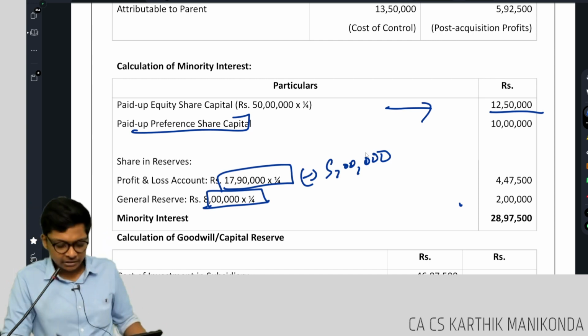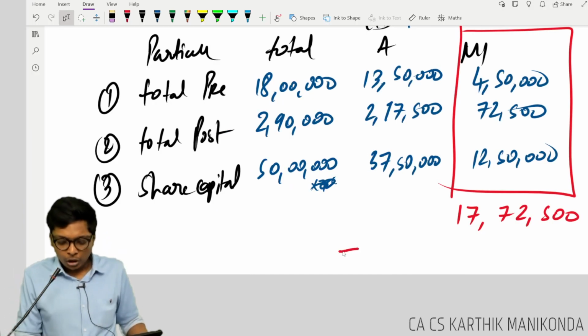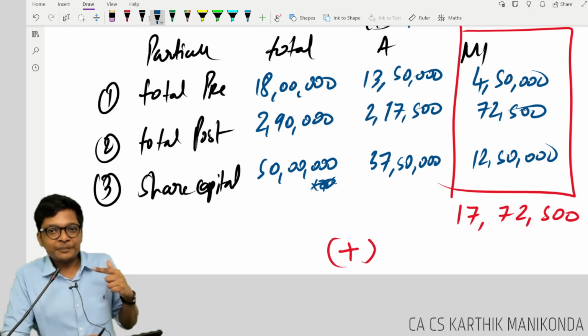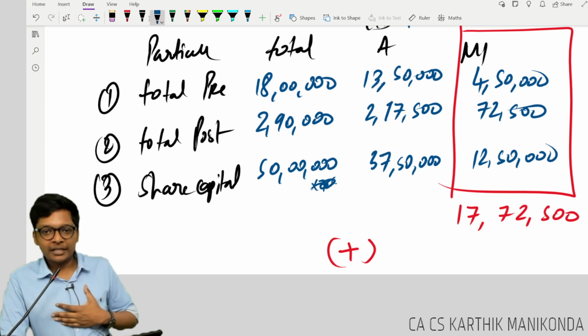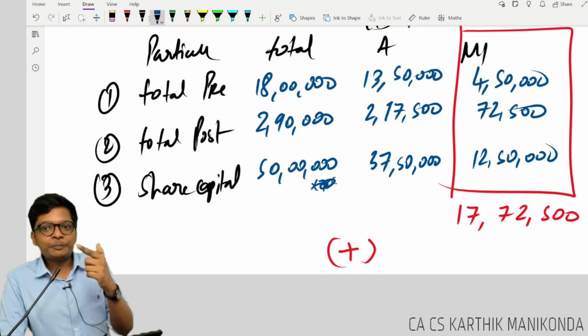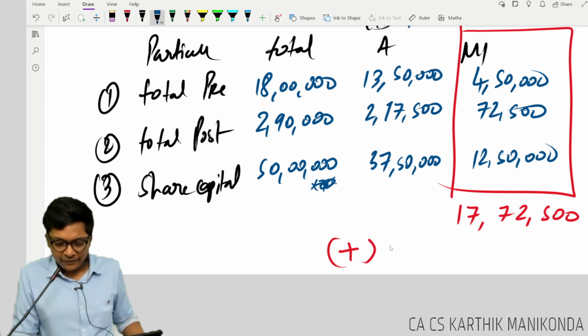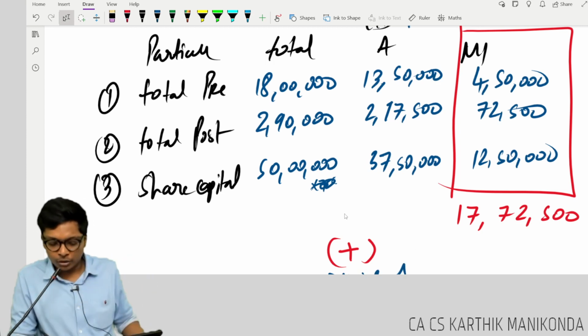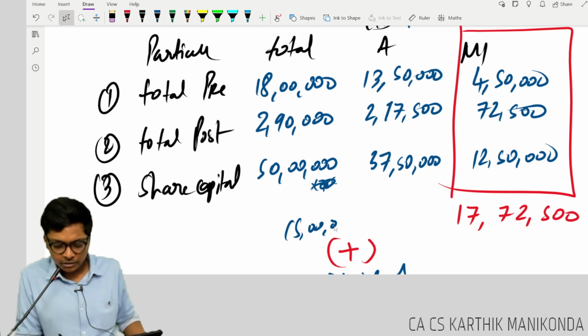Are you following, guys? But on logic, what happens? Apart from this, minority means what is payable to the minority. Dividend also is payable to them. So I will add a dividend payable. If you want to tally with the book answer only, it will be 5 lakhs into 25%.